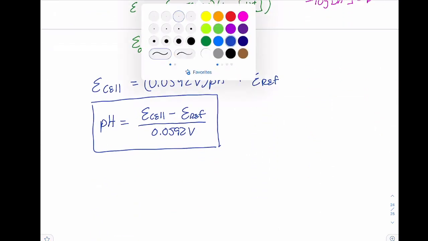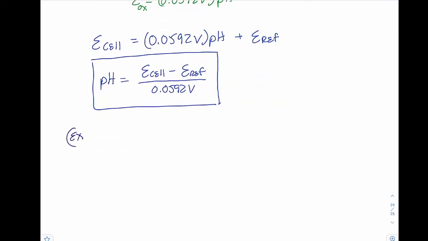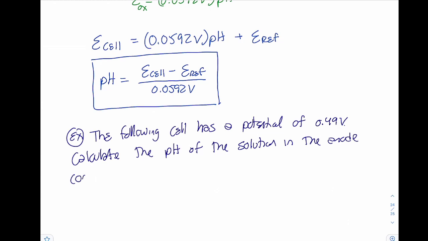So let's do an example using that. So the following cell has a potential of 0.49 volts, and we're going to calculate the pH of the solution in the anode compartment.